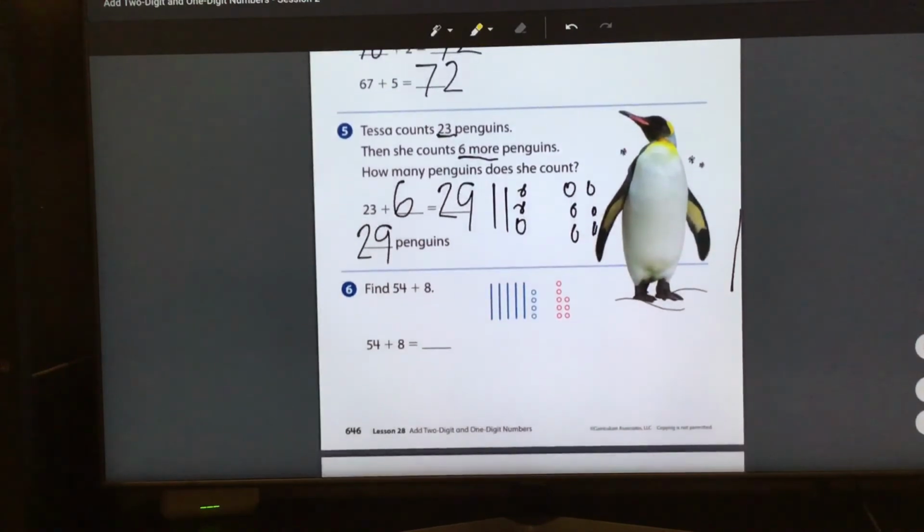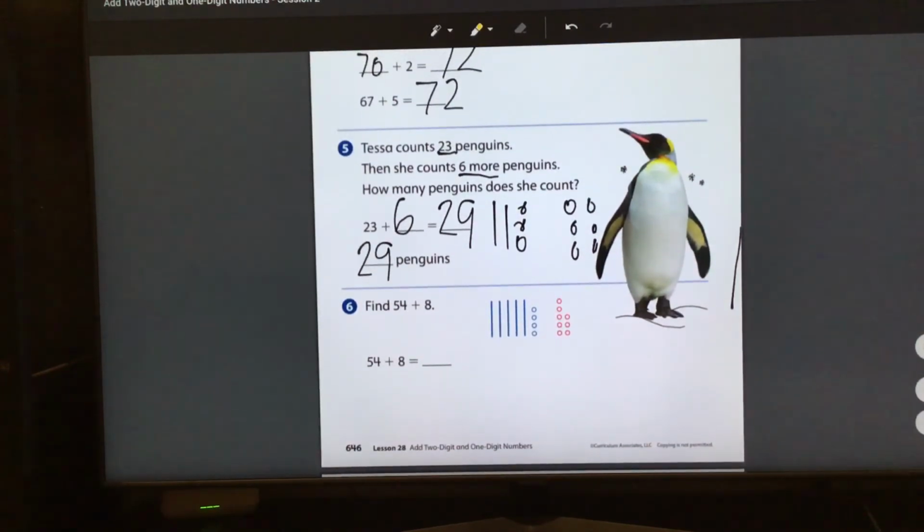Okay, now we need to find 54 plus 8. Here is our 54. Here is our 8. It looks like I can borrow from these 1s to make this a new 10 to count it faster.